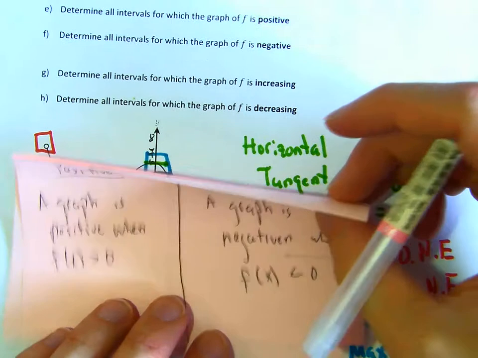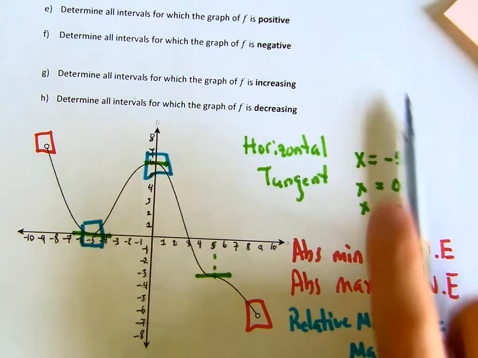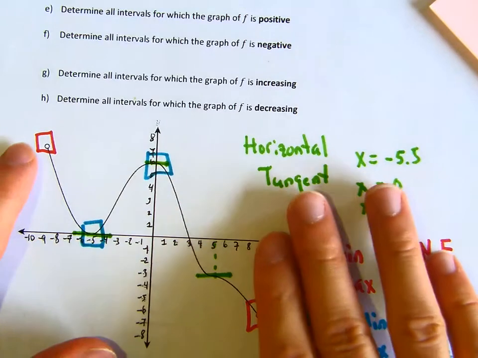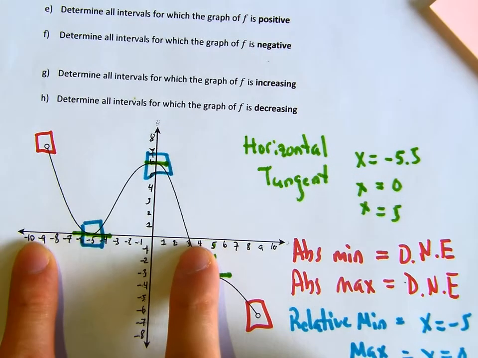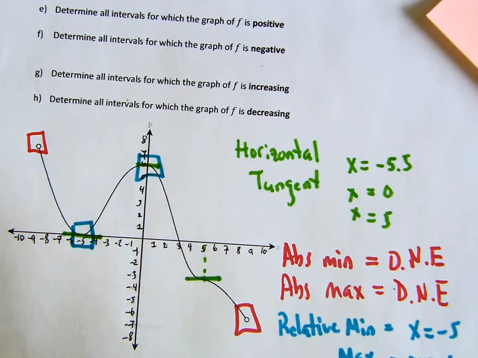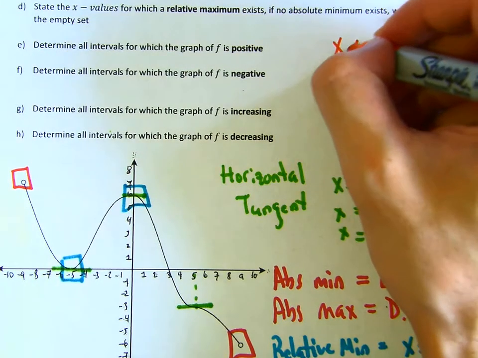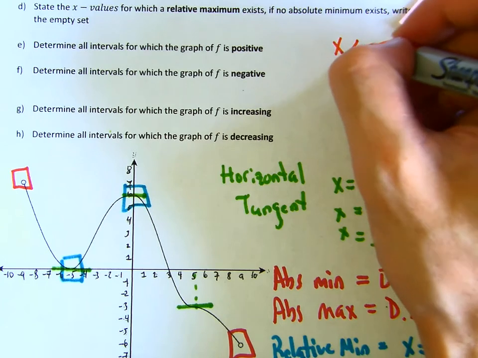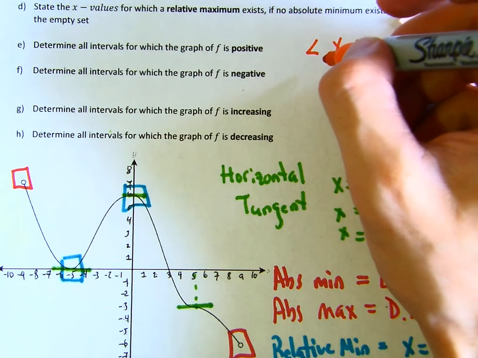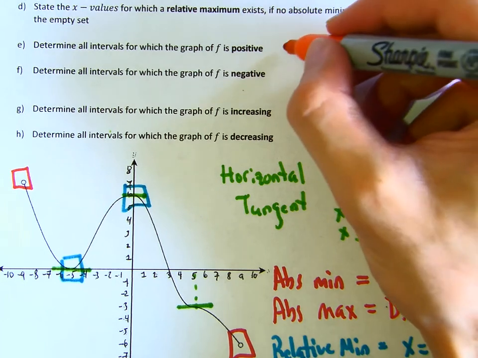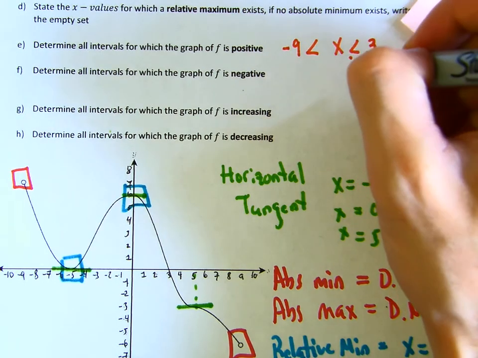So notice, where is the graph positive? The graph is positive everywhere from -9 to 3. So when x is less than -9, but also greater than 3.